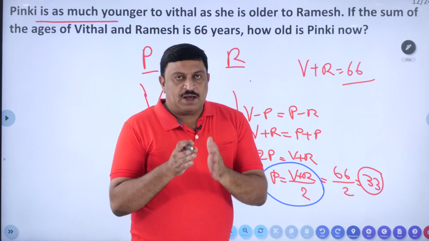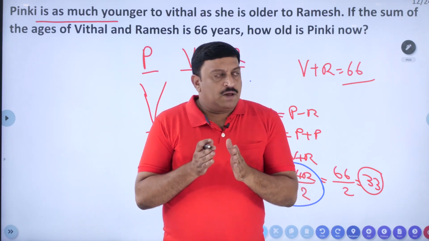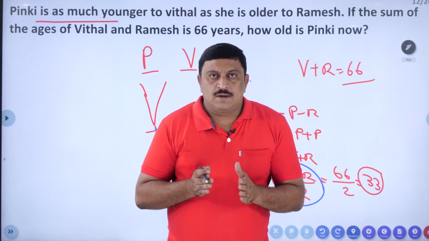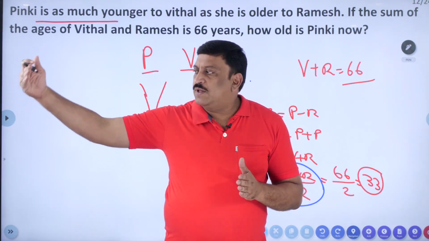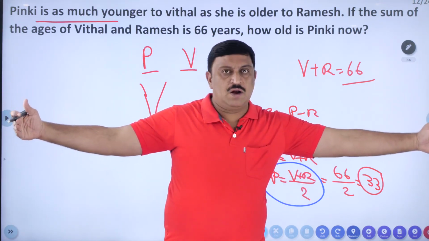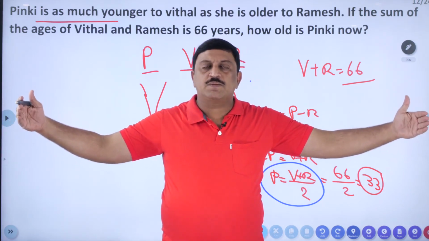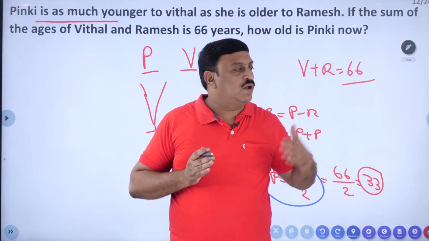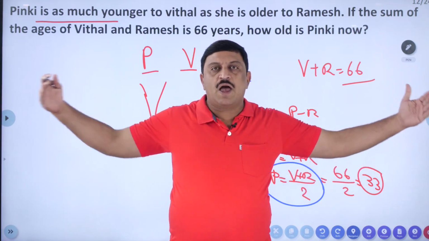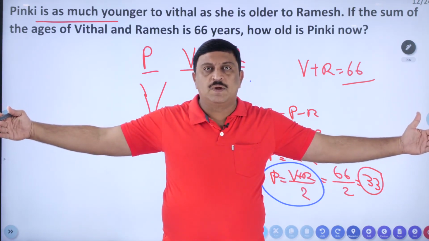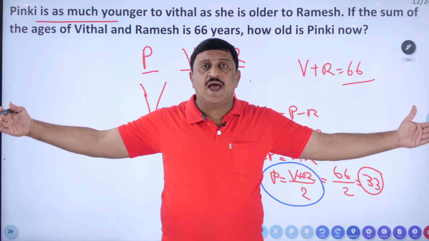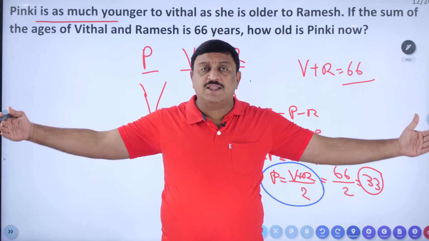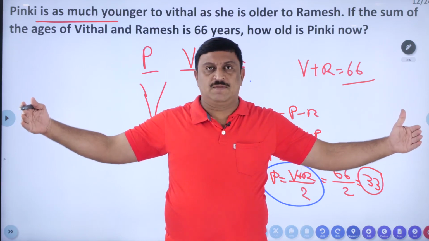See, I am standing here. Say there is one wall there, and here also one wall. The distance between me and that wall is the same as the distance between me and the other wall, so I am equidistant from both of them. If that is so, I am at the average of both of them.